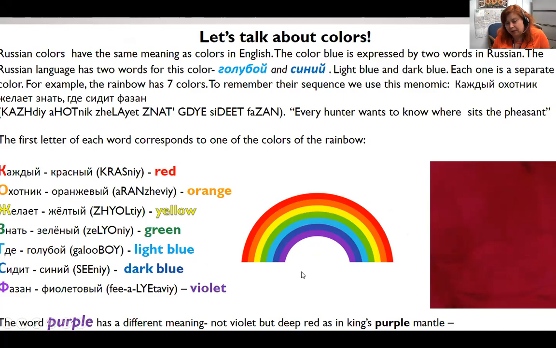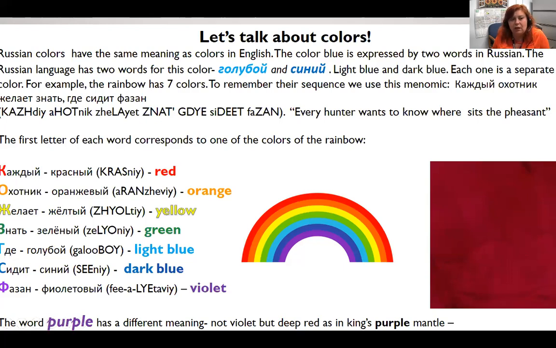So there are 7 colors of the rainbow, and the sequence is as such: red, orange, yellow, green, light blue, dark blue, and violet, or you can say purple.